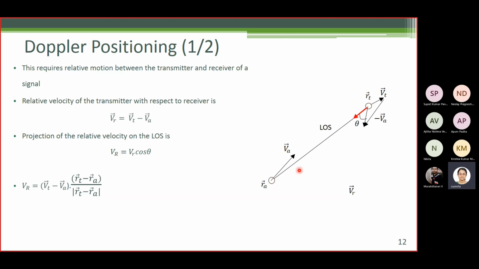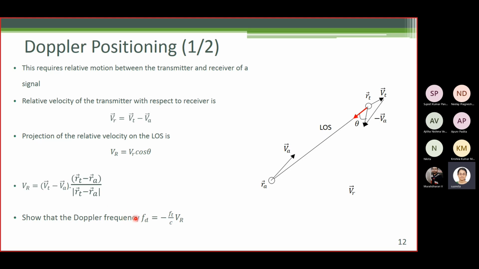The user knows at what frequency the signals are transmitted. But because of the relative motion between the transmitter and the user, the received frequency will be shifted by a Doppler frequency, Fd. So the received frequency will not be the same as the transmitted frequency. It will change depending on the relative motion between the two.